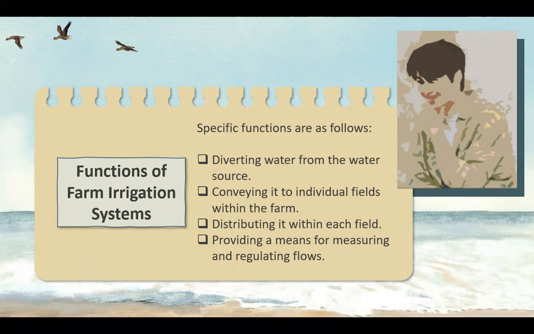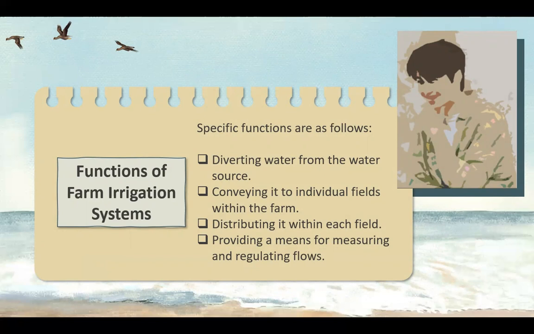Functions of farm irrigation system. One main function of a farm irrigation system is to supply crops with irrigation water in the quantities and at the time it is necessary. Specific functions are as follows. Number one, diverting water from the water source. Number two, conveying it to individual fields within the farm. Number three, distributing it within each field.